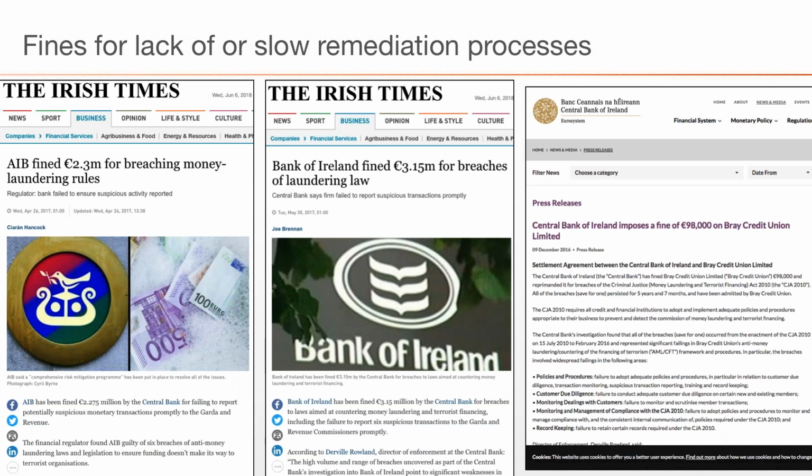So yeah, as David said, a lot of the fines for breaches of the Anti-Money Laundering Acts and the Criminal Justice Acts are around re-verifying or remediating your existing customers or members, and it's a very difficult thing for organizations to do because in a lot of cases you may not have engaged with your customers or members for years or even decades, and just to further complicate matters, your databases may be fragmented and you may have inherited legacy databases.